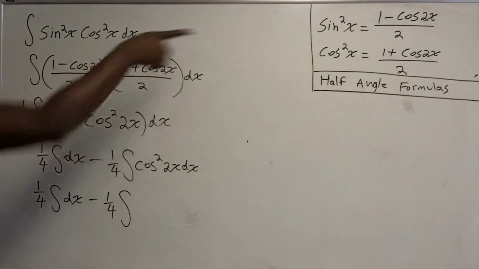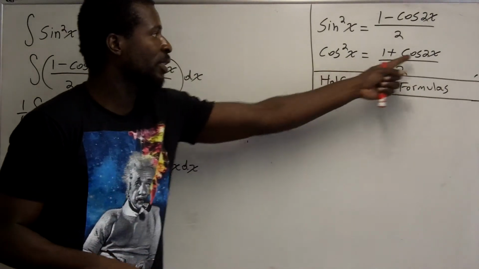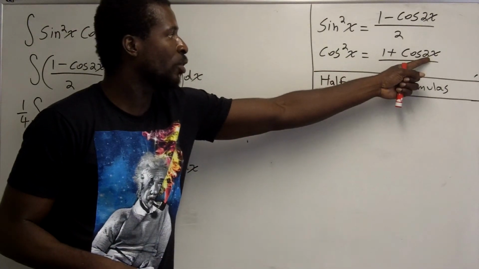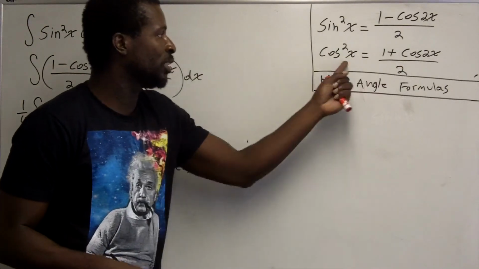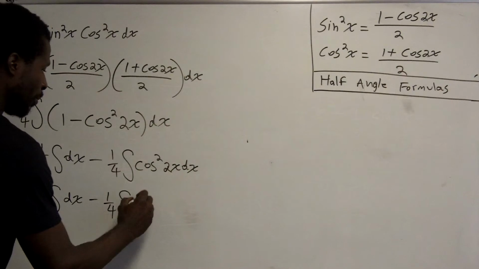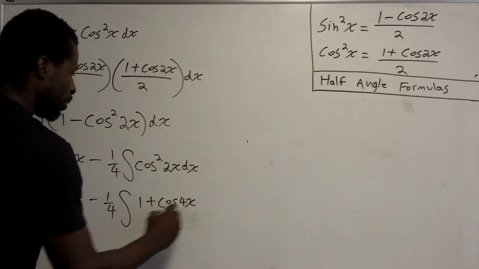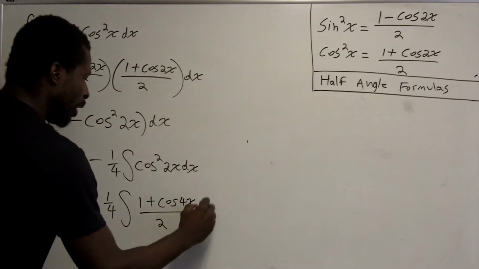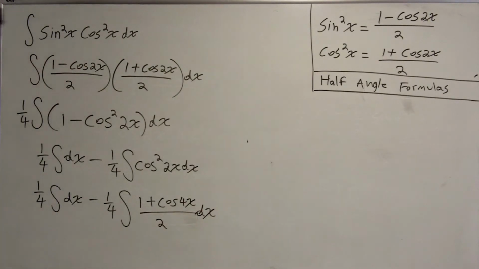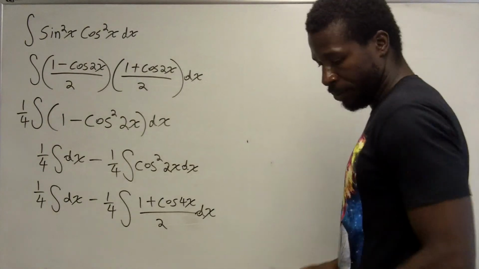So this is going to be 1/4 times the integral of dx minus 1/4 times the integral, and now I'm going to use the half-angle formula again. Since it's cosine squared of 2x, I'm going to get (1 plus the cosine of 4x) over 2, since this is already 2x, dx. And there I have two integrals now.